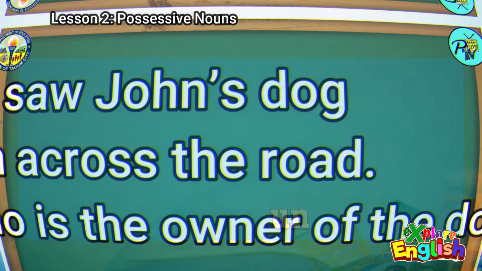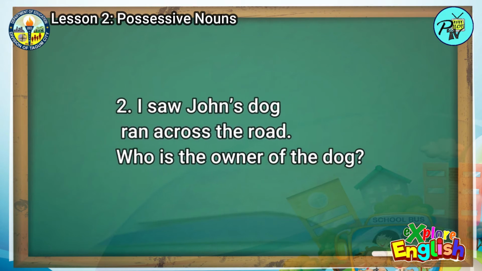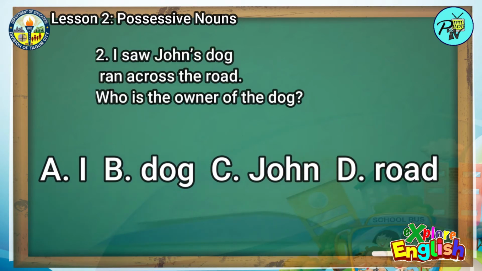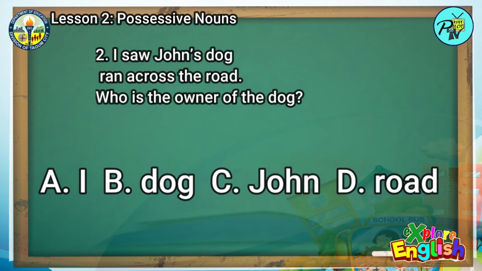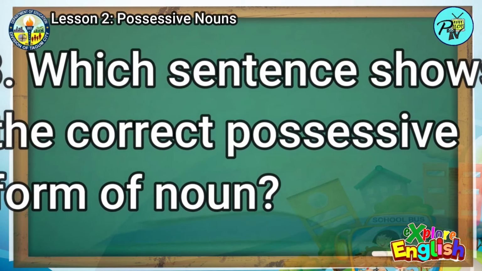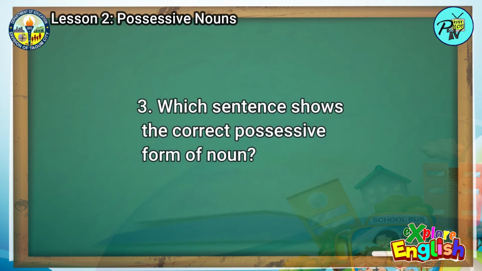Item number 2. I saw John's dog run across the road. Who is the owner of the dog? A. I, B. Dog, C. John, D. Road. The answer is number 3. Which sentence shows the correct possessive form of noun?